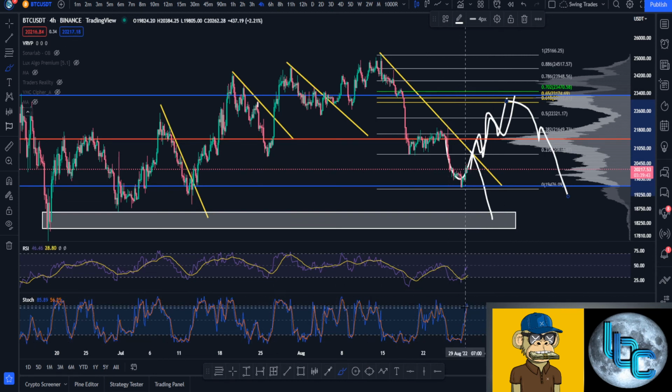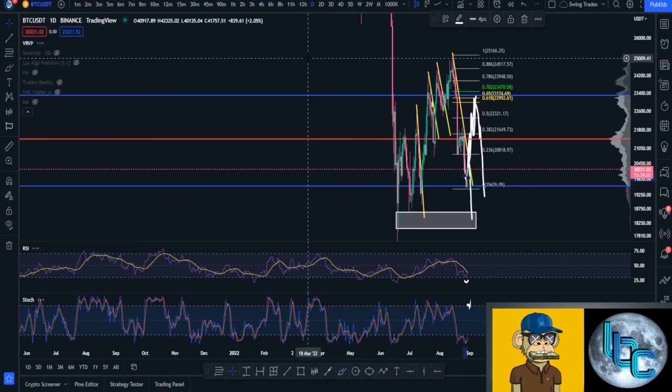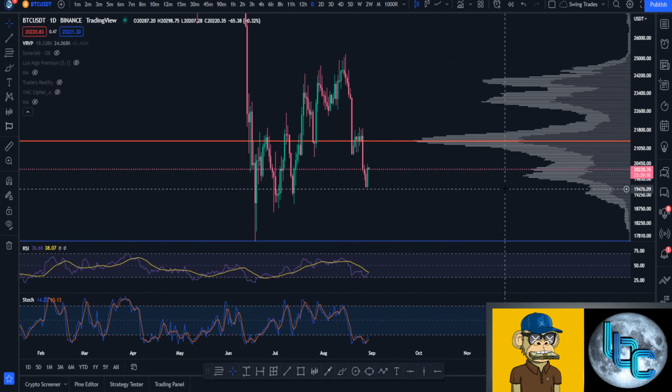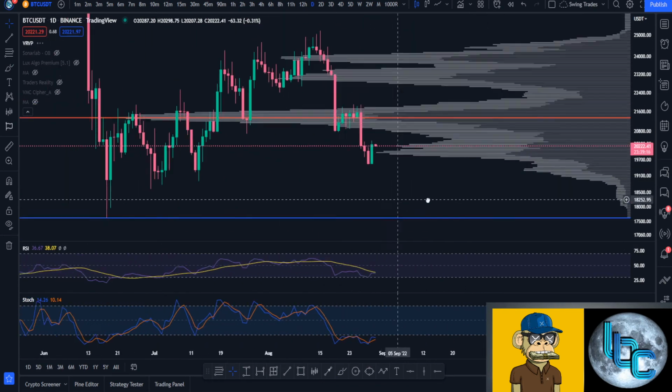So we can ride up here on the stochastics for a little while, enough to get us up here, maybe even have some pit stops along the way, but then it would eventually come down. And then we're also coming off of oversold, this is on the 4 hour too. So let's also go ahead and zoom out real quick. Let's go to the daily, see what we're looking at on the daily.